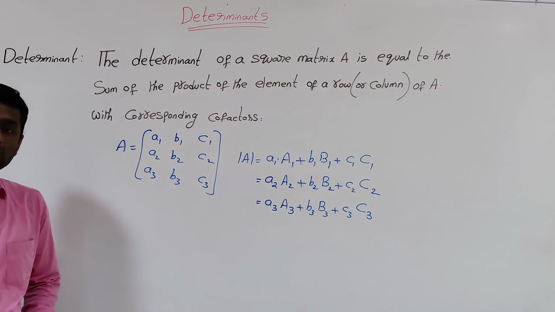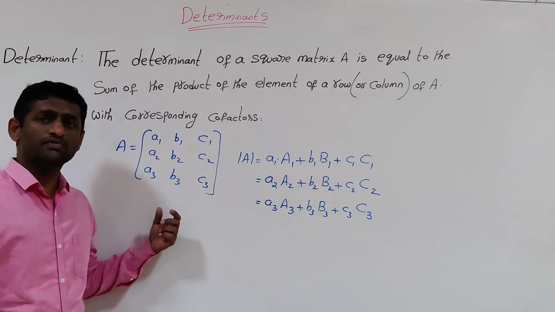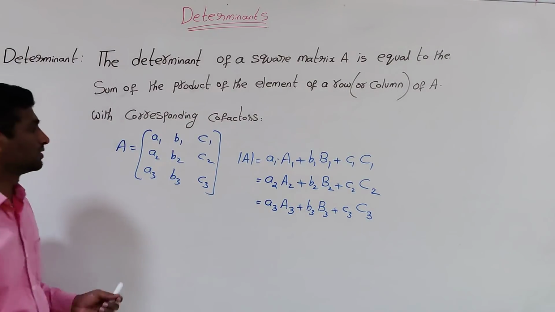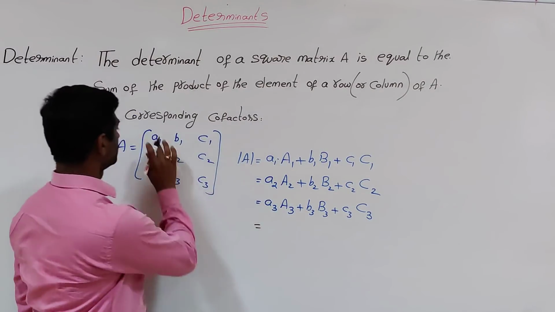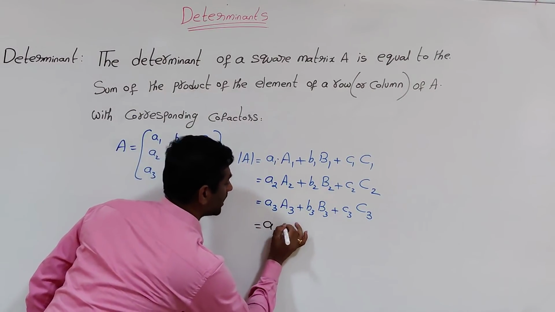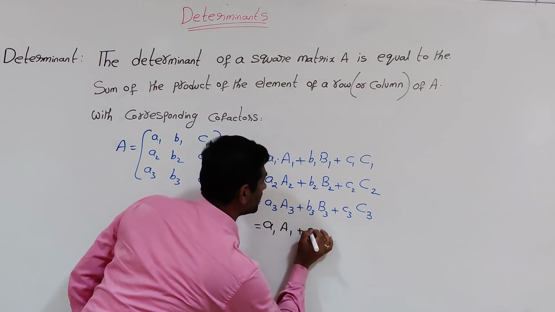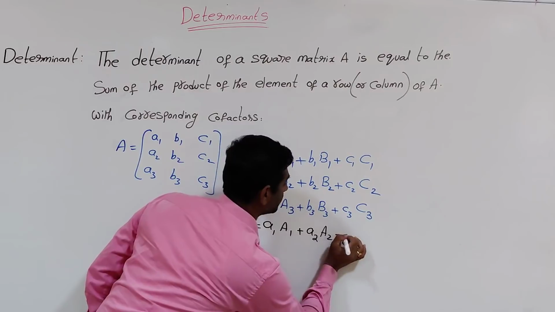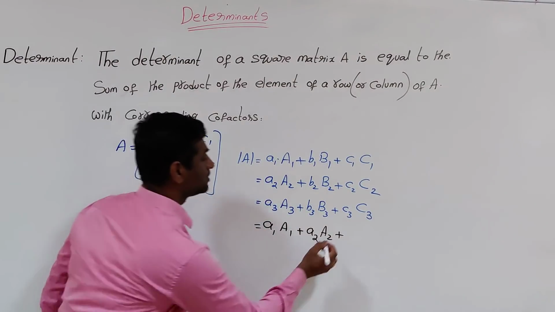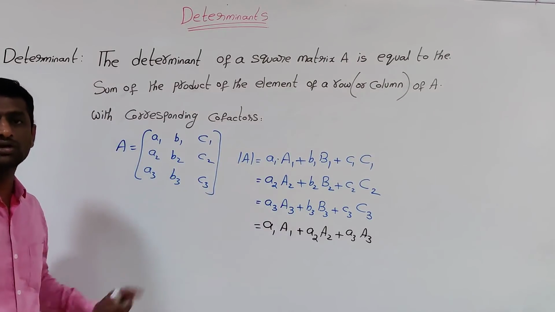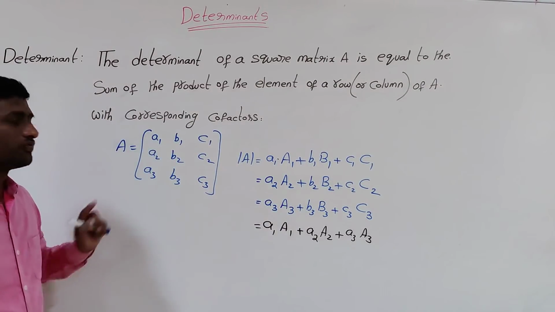Now we can find the determinant by using the first column elements also: A1 into capital A1 plus A2 into capital A2 plus A3 into capital A3. We can use the first column by expansion of the first column.